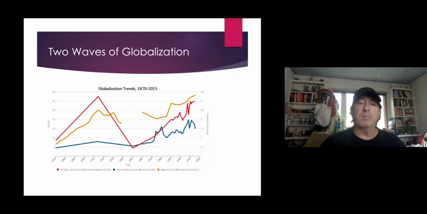The blue line, trade, reaches levels never before seen by the recent years, basically. And then you can see the movement of people: immigration had reached a low point in the 1950s and began gradually increasing in the 1970s, and then even more rapidly in recent decades.